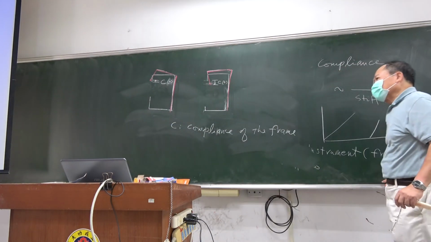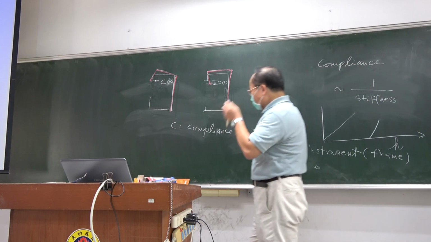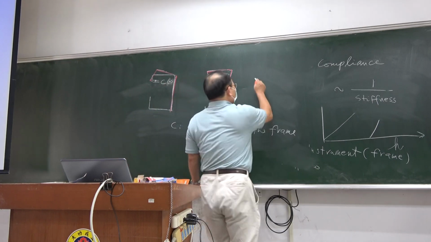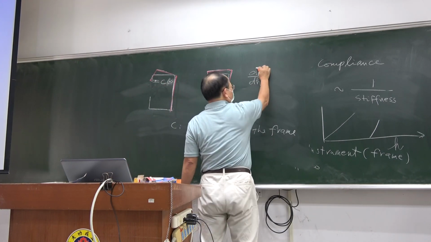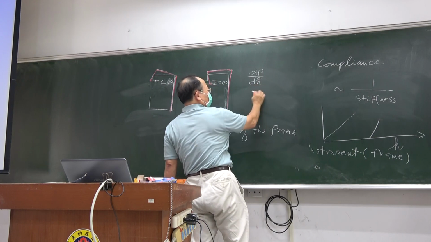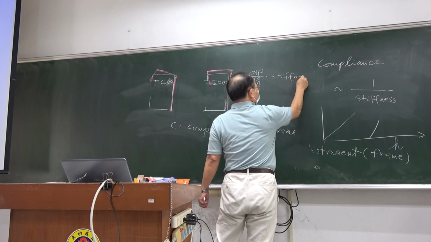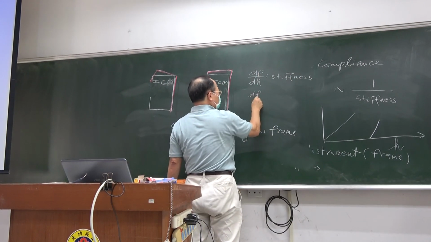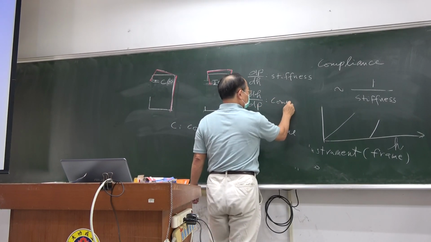It may be either the positive value or negative value. Then last time we talked about dP/dH. This is load varying with your indentation depth. We call it the stiffness. Then the inverse of this value, dH/dP, is just the compliance.